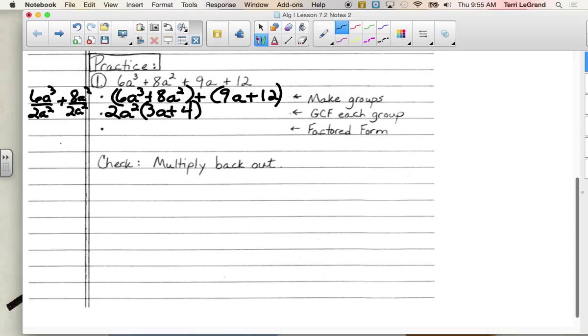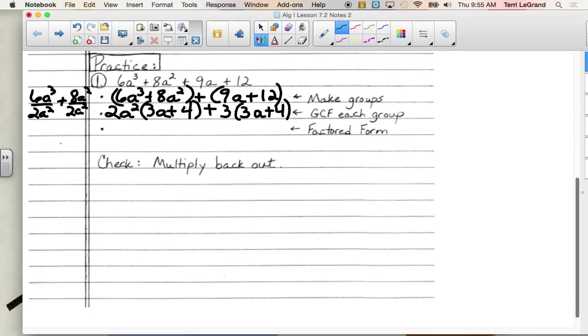What's going to happen in the next group? What is the GCF of the second group? 3.